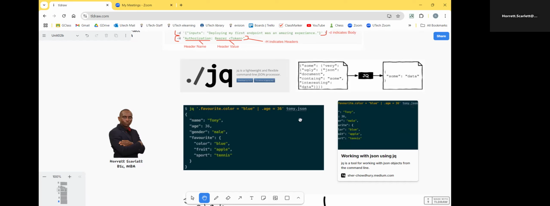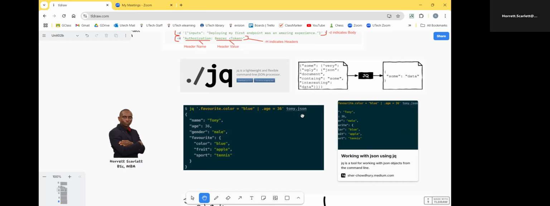In this example, we are using the JQ command. We are looking for the element that says favorite color, and we want to ensure that the favorite color is blue. We're also extracting another piece of information based on the age, and we said that the age has to be 36. So either the age is 36 or the color is blue.